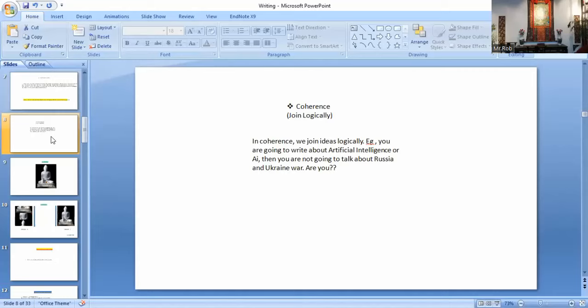Now, after having discussed about cohesion, let's discuss what coherence is. So, coherence means join logically. Now, if you remember from the past, cohesion was joining physically, whereas coherence means to join logically.